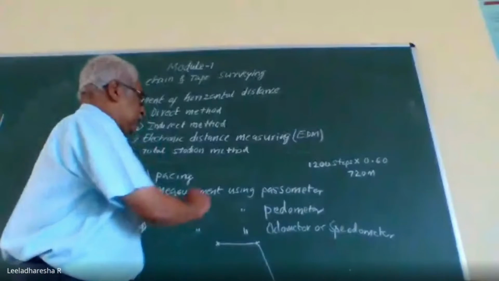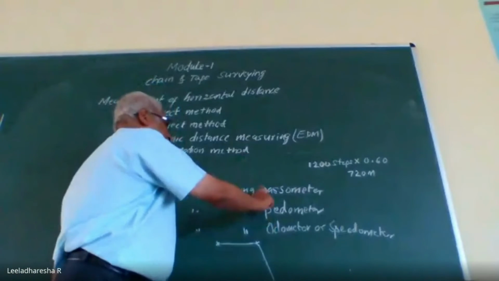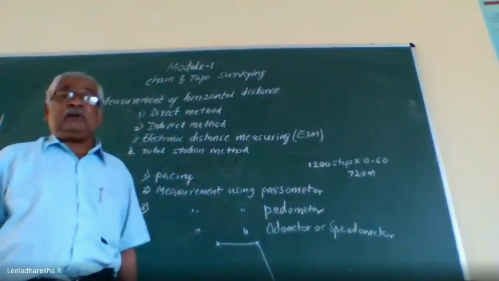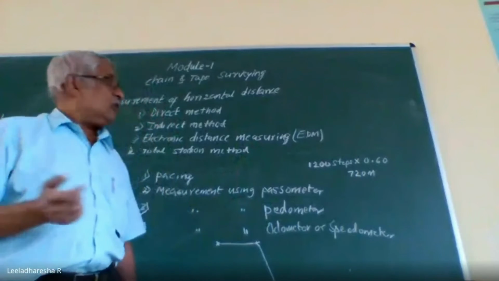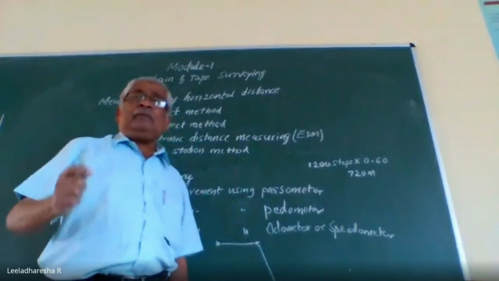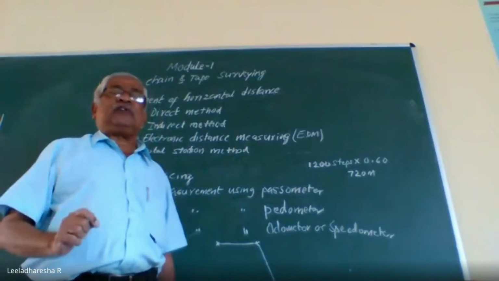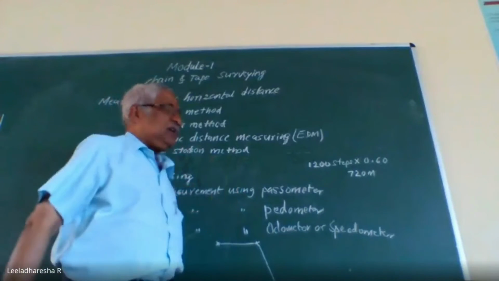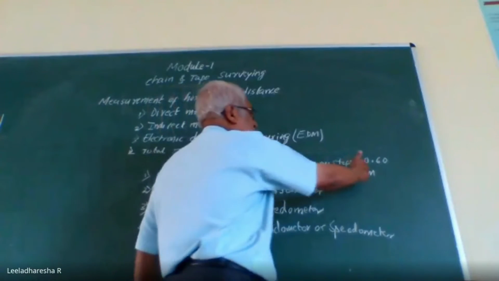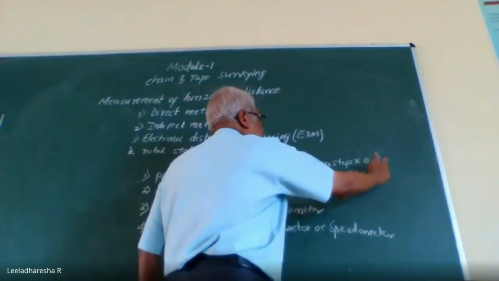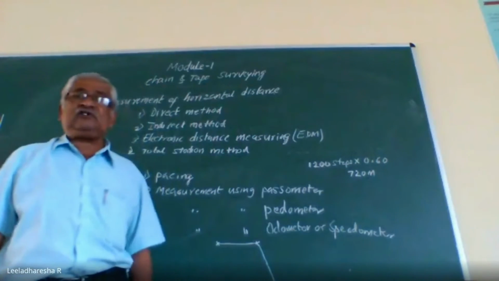Next is called the pedometer. It is a similar type of instrument, but it is an improved version of the gasometer. The gasometer will only count the number of steps, but the pedometer is not like that. You can fix in it the average distance covered by you in a single step.